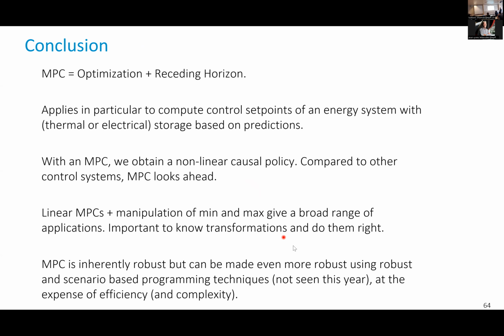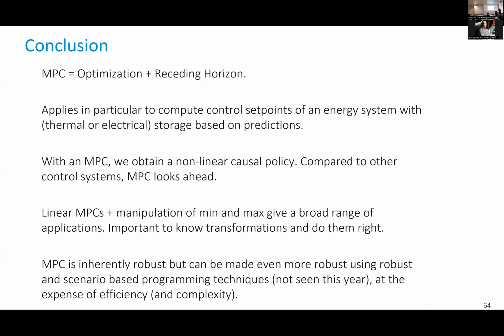There are techniques to make it even more robust using robust MPC, very much in the way we used robust linear programs. We can add uncertainty about the forecast and make this robust. Or also scenario-based MPC, where instead of having one forecast, we have, for example, 3 forecasts: standard case with probability 90%, extreme low case with probability 5%, and extreme high case with probability 5% also.